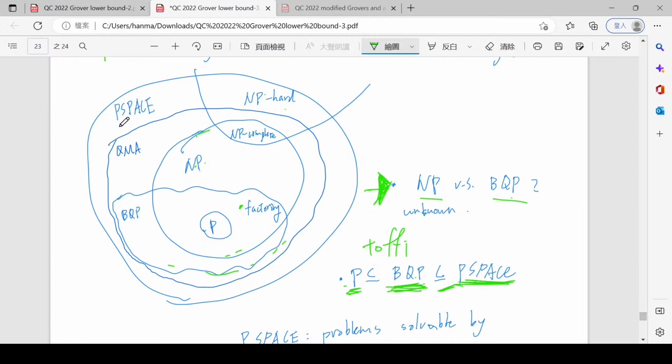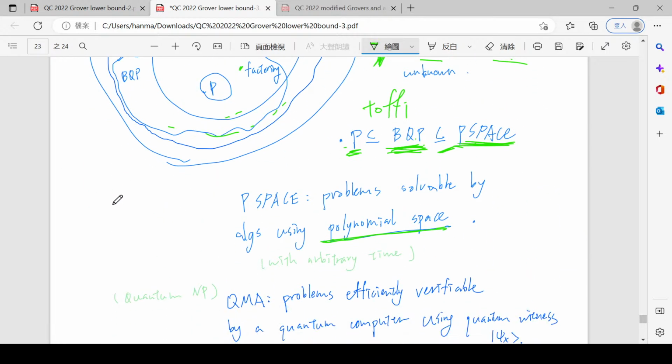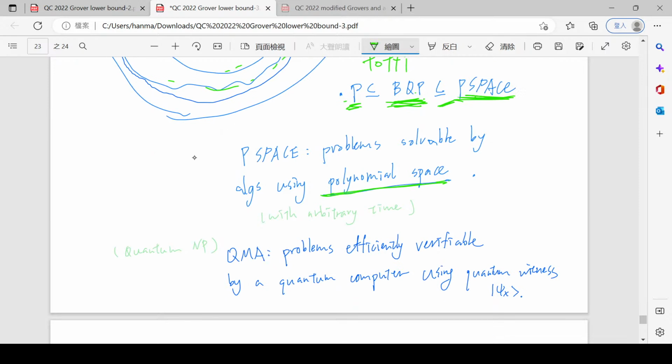Here we also have another class that we didn't talk about, that is QMA. You can see that it also includes everything inside. So what is QMA? It's a quantum version of NP. At a very high level, a quantum version of NP means the class of problems that can be efficiently verified by a quantum computer.